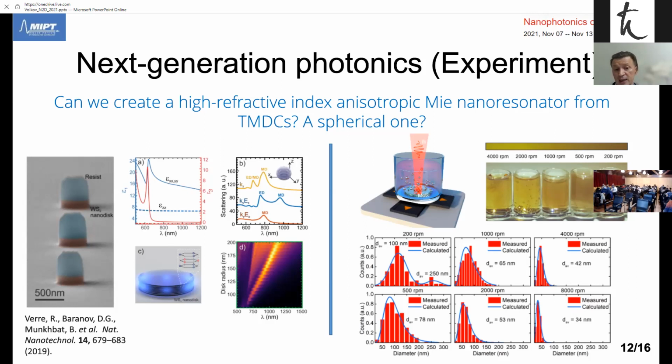And of course, it has also been shown in the previous paper that a highly anisotropic sphere is a very interesting object for nanoresonator applications.